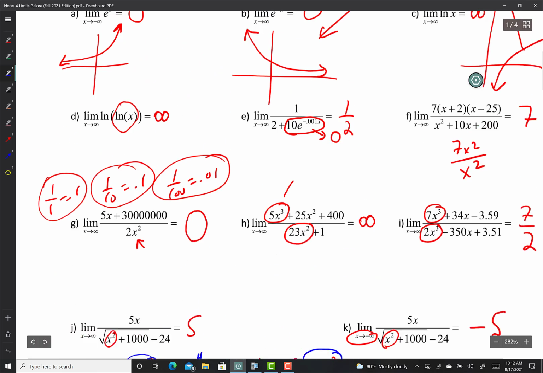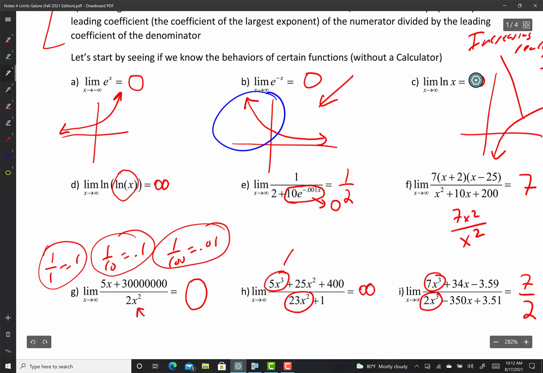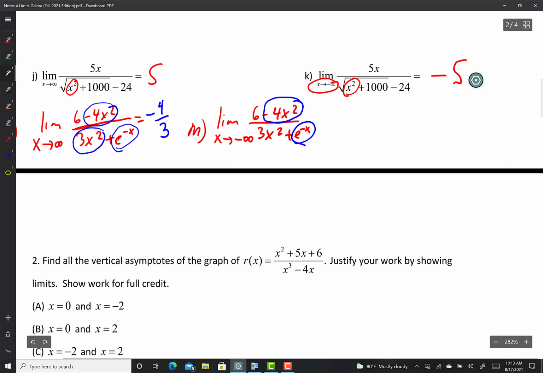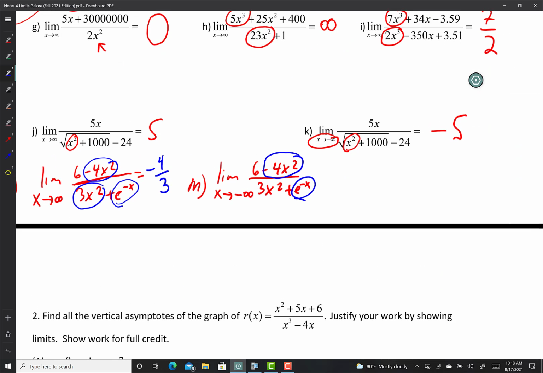Because look, I'm approaching negative infinity, and that's growing way, way, way faster than any polynomial. So now I have some number divided by something even bigger. So this is going to equal 0. Something divided by something huge.